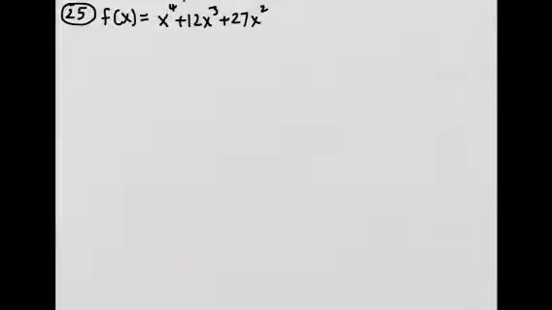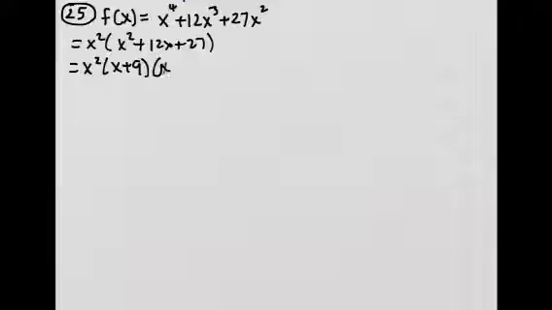Alright, so in 25, the greatest common factor is x squared, so I take that out first. I factor it out, and you're left with x squared plus 12x plus 27. Factors of 27 that add up to 12 are 9 and 3. So this would factor x plus 9 times x plus 3.